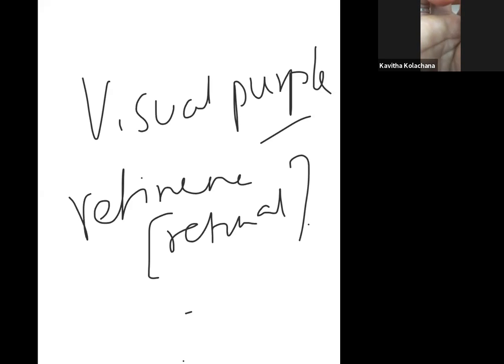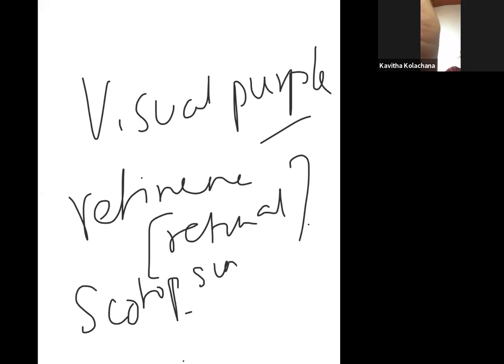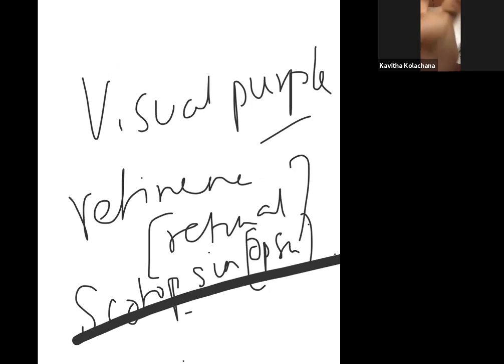There are two, right? Scotopsin or opsin. This splitting of the light from rhodopsin into these, we call it bleaching.